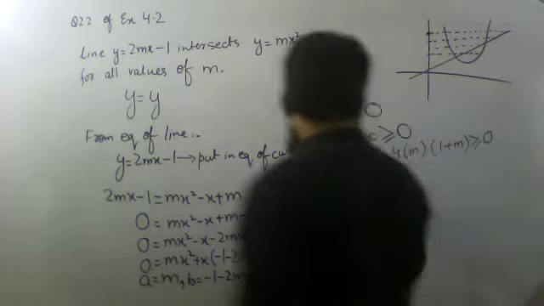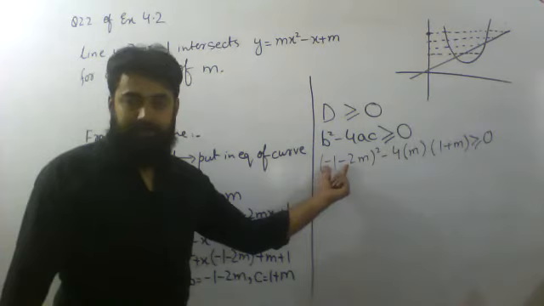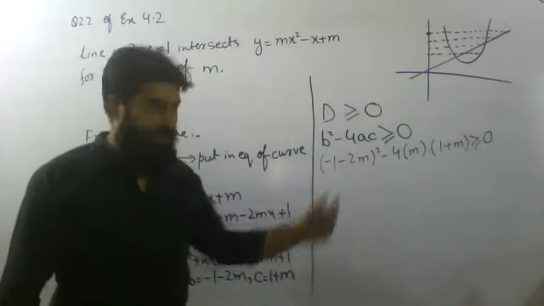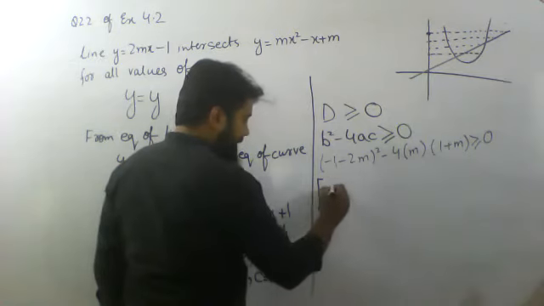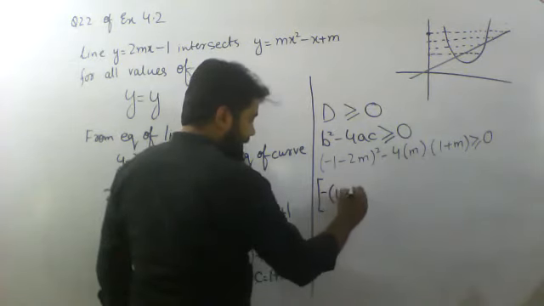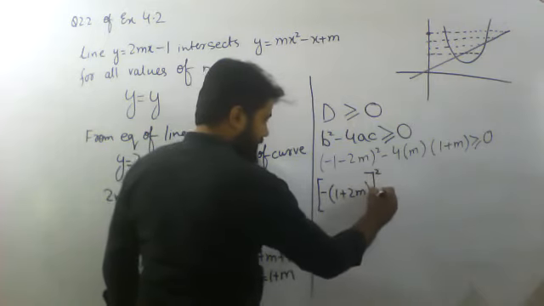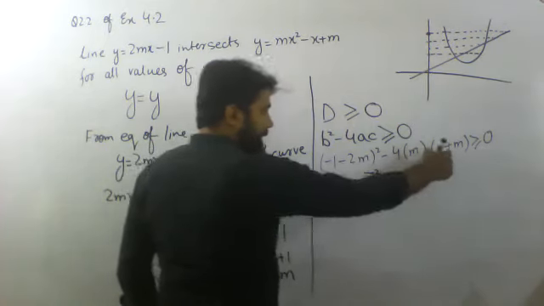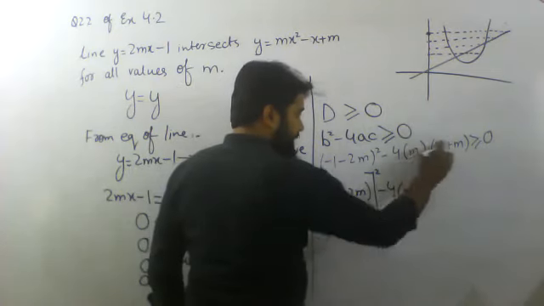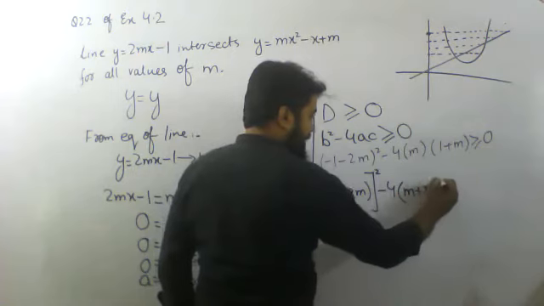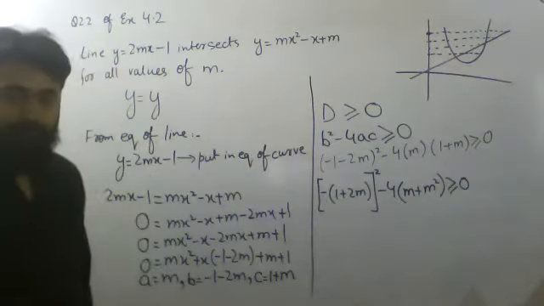Now, both of them have a minus sign, so taking minus common: 1 plus 2m whole square, minus 4 multiplied by m. M ones are m, plus m into m will be m square, greater than or equal to 0.